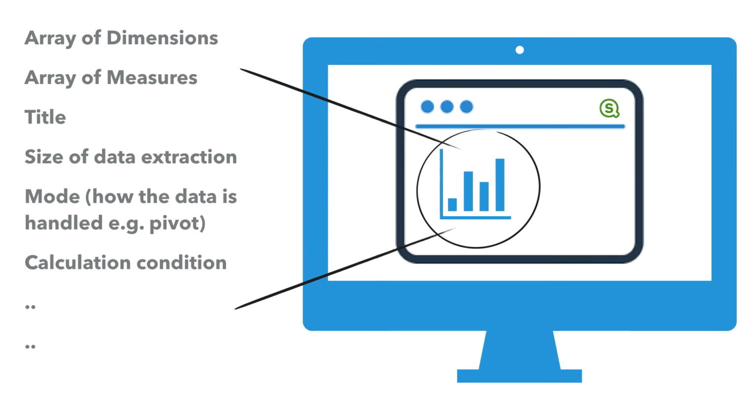There's going to be information around the size of the data extraction, so the initial data fetch. There's going to be information about the mode. So is it going to be a straight hypercube or maybe a pivoted hypercube? So all of the properties that describe this chart are going to be stored in a hypercube that underpins that chart. Great, so hopefully that gives you a bit of a better understanding about what a hypercube is.